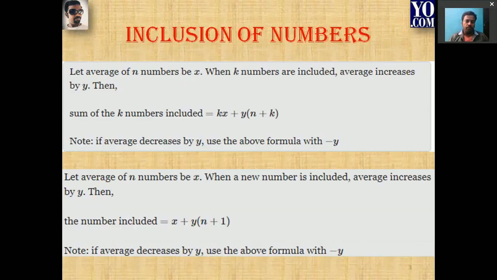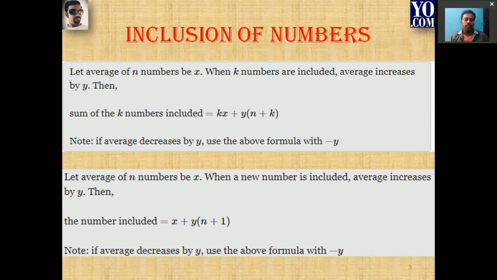The next one, inclusion of numbers. So consider we are having one group of numbers with an average. In the group we are adding some numbers, then after that we are going to calculate the average. So in this case we are using the following formula.